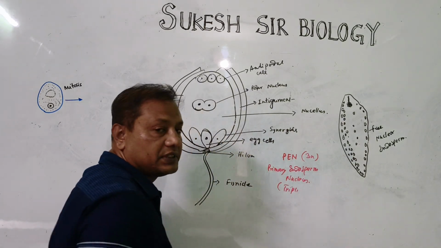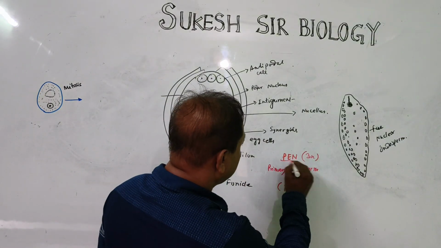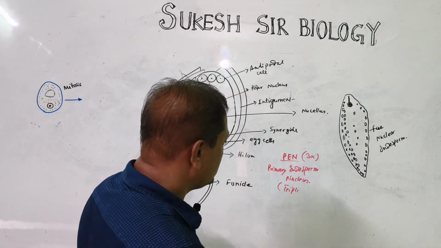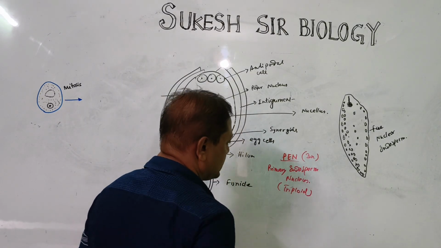Sometimes the question comes: write the ploidy of endosperm. So you will have to say it is triploid in structure.